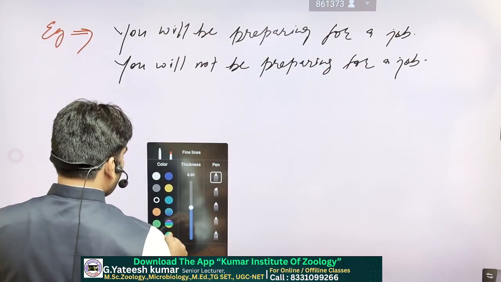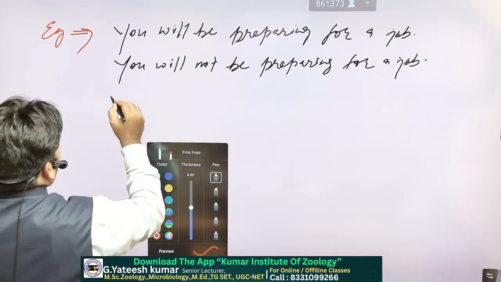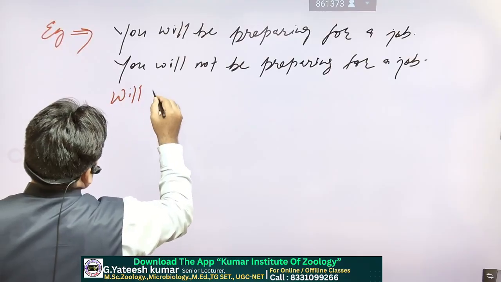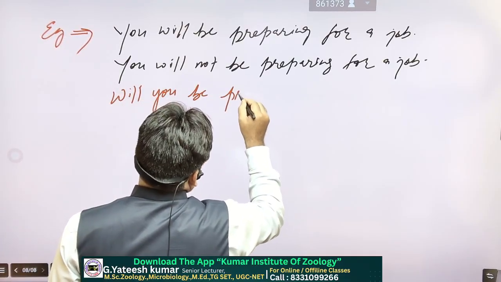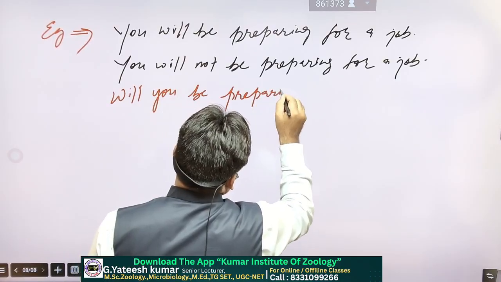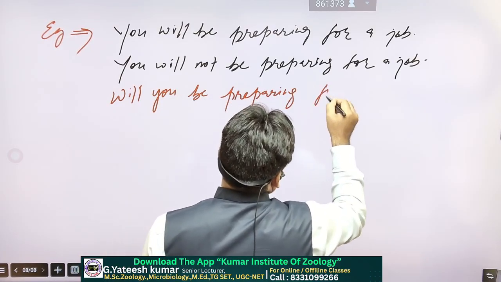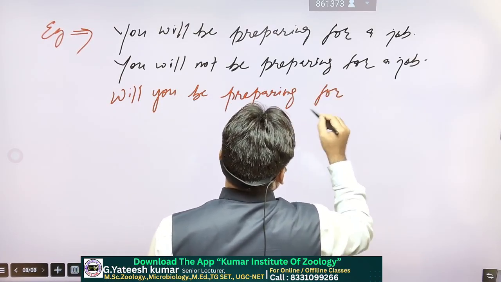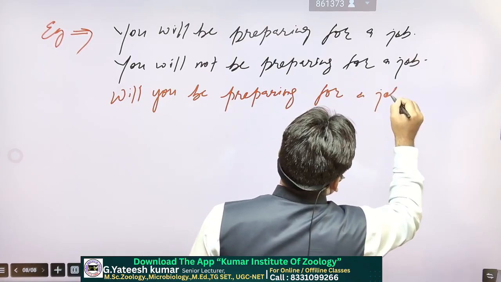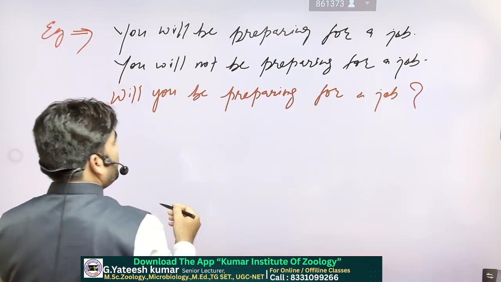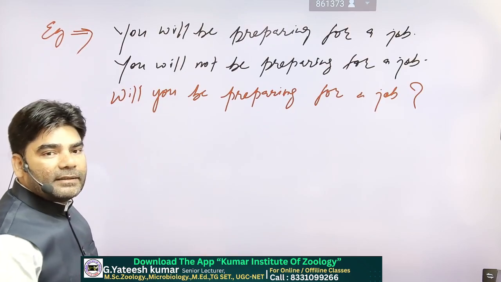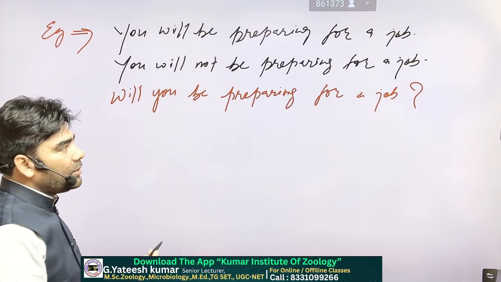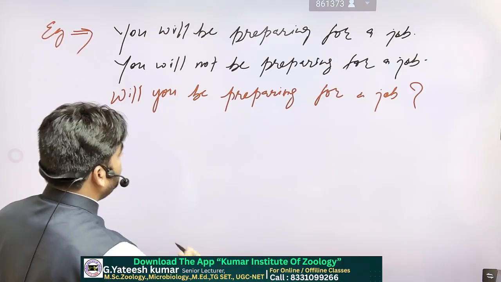We can ask a question also. Will you be preparing for a job? So to whom you are asking, he or she can simply respond yes or no. That's why this is called a yes/no type question.